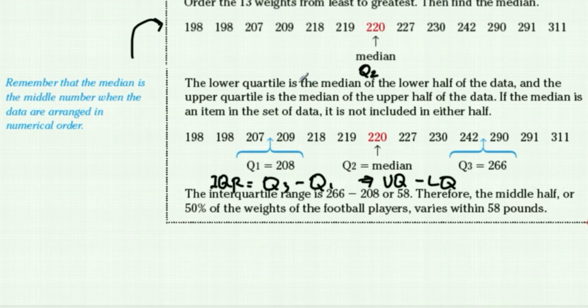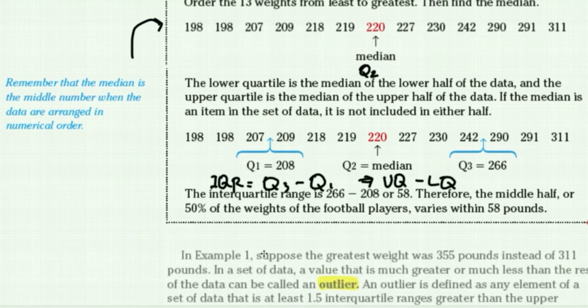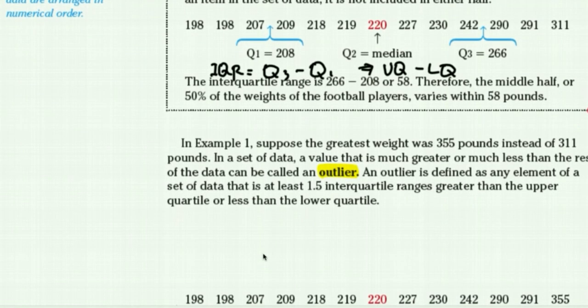Moving on, in example number 1, suppose that the greatest weight was 355 pounds instead of 311. In a set of data, a value that is much greater or much less than the rest of the data is called an outlier.